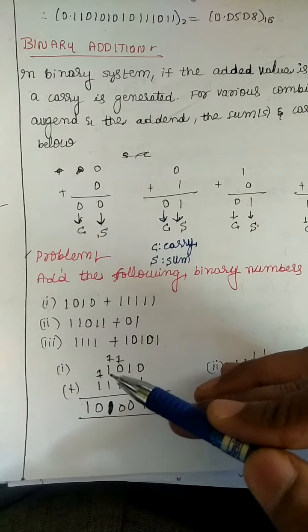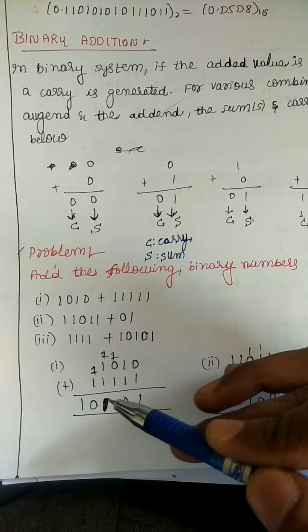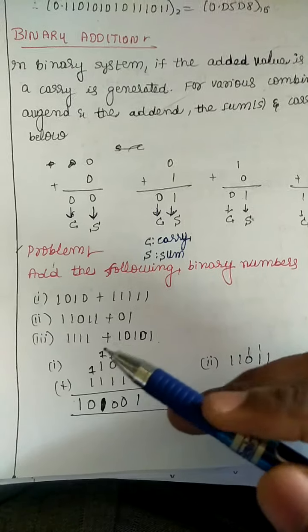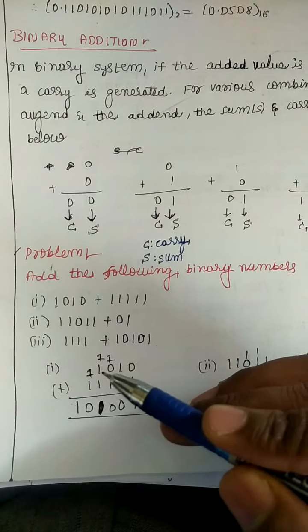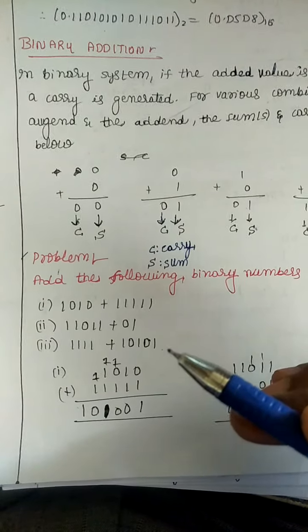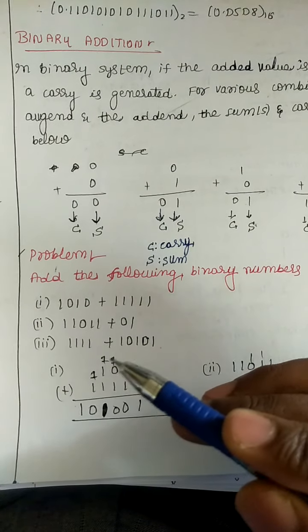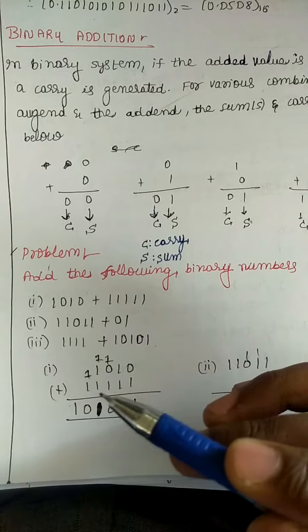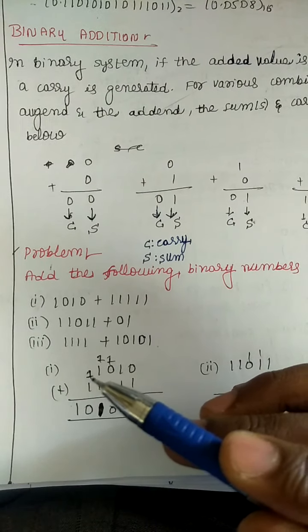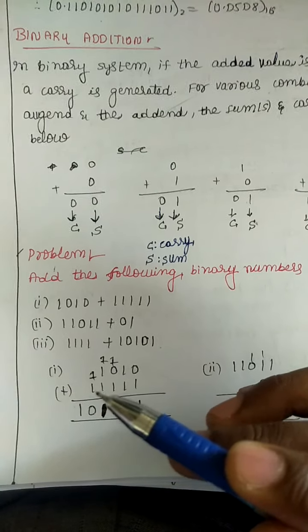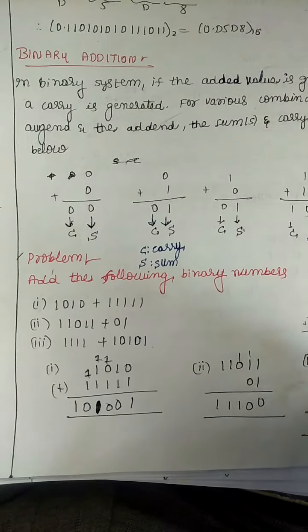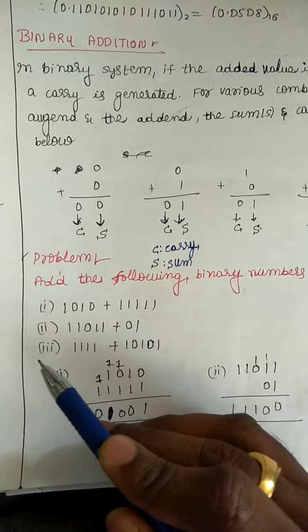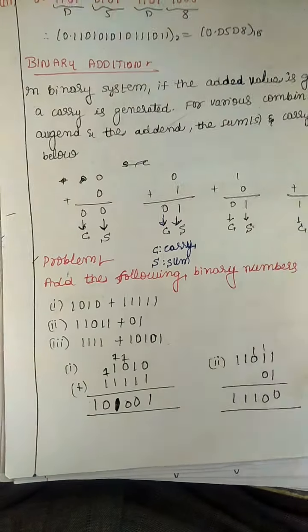If you add three ones, then you will get sum 1, carry will be 1. How? 1 plus 1, sum is 0, carry is 1. That carry 1 will get added with 1. Then again sum will be 1, carry will be 1. Therefore 1 plus 1, 0, 1. So in a similar way you have to solve the rest of the problems for binary addition.